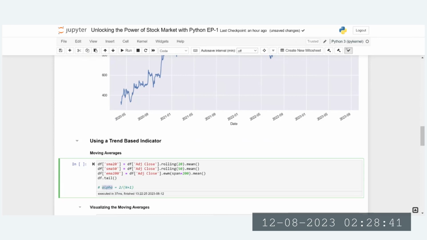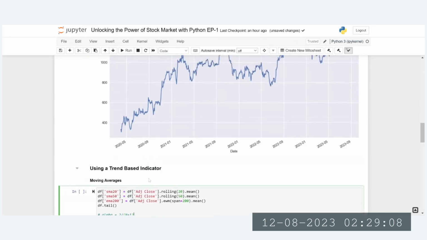And that alpha is defined as 2 divided by n plus 1. So if I'm taking a 200-day moving average, 2 divided by 201, whatever is the alpha, that's the weight I'm going to give the most recent observation. And then it is (1 minus alpha) for t minus 1, (1 minus alpha) squared for t minus 2, (1 minus alpha) cubed for t minus 3, right? So it's a formula based calculation.